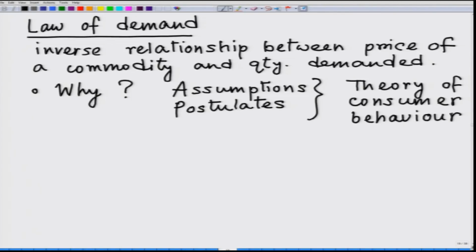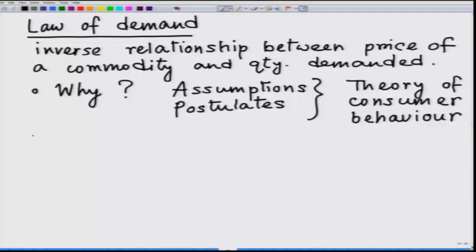So, now we see we are going to work with different components of a theoretical economic model to derive the downward sloping demand function. Of course, there are different ways to do it. We are going to look at the simplest case, and this is related to Professor Alfred Marshall.